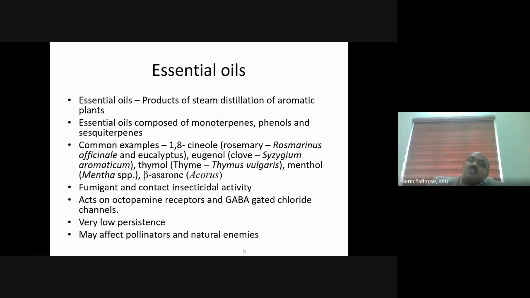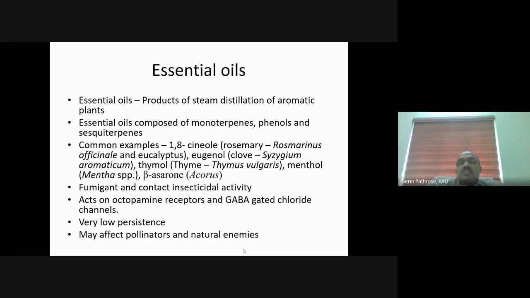And these essential oils all are having pesticidal properties. If you see the chemical composition of essential oils, it mainly contains monoterpenes. Monoterpenes is a group of chemicals. We have phenols and we have sesquiterpenes, but most of the chemicals I am discussing are monoterpenes.